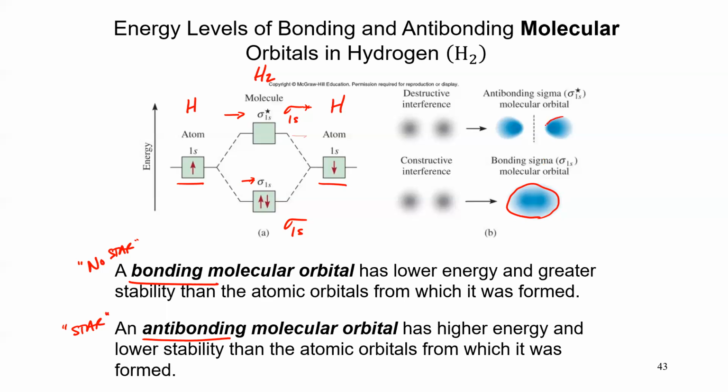And up top, you see that there's absolutely no overlap between these. So there's no overlap, there's no bond, and so that's what we call anti-bonding. And it turns out that a bond and an anti-bond happen to cancel each other out, right? And so if we have an equal number of electrons in a bonding orbital as we have in anti-bonding orbitals, then we say that there are no bonds between those two atoms.